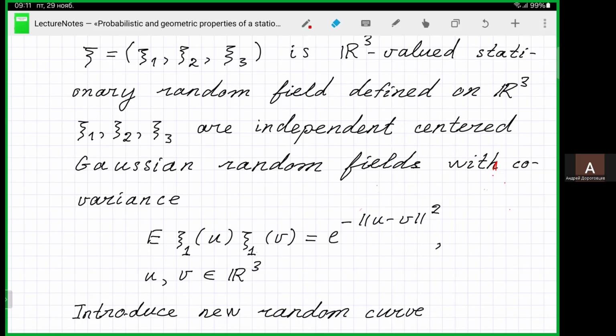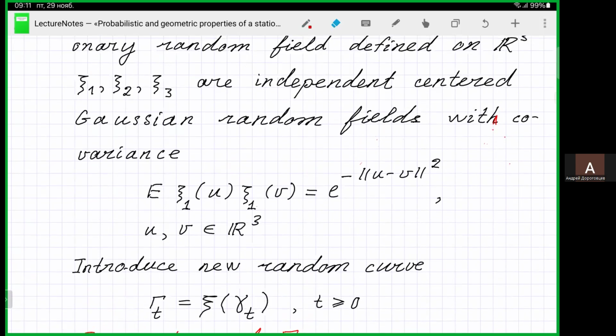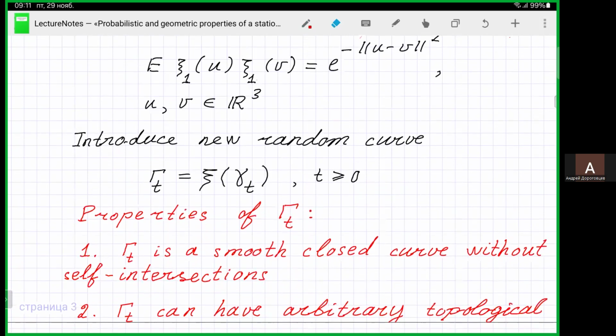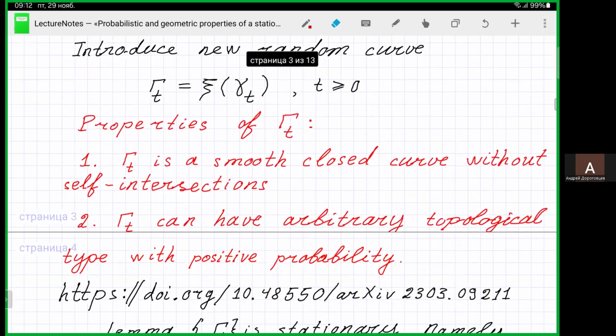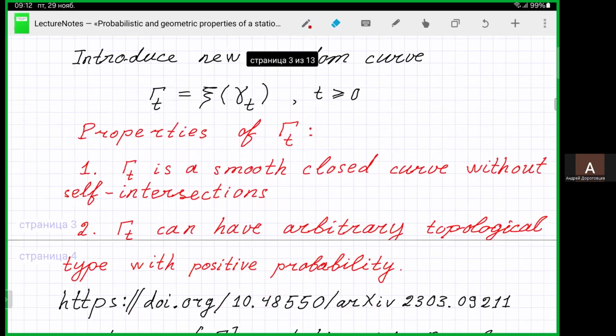Now introduce a new random curve, which is just the image of our gamma t under the mapping psi. What I am claiming is that this simple construction gives us the following interesting properties.